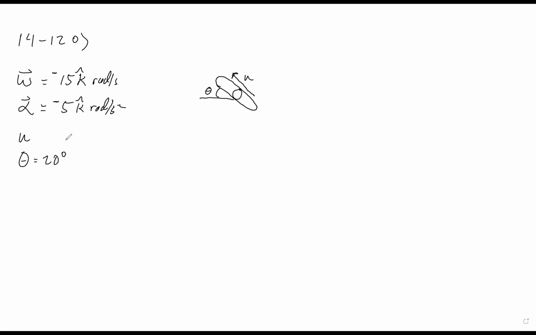So if the velocity vector u, the magnitude is equal to 100 millimeters per second, then the actual vector itself is going to equal 100 times negative cosine 20 degrees e hat x plus sine 20 degrees e hat y.